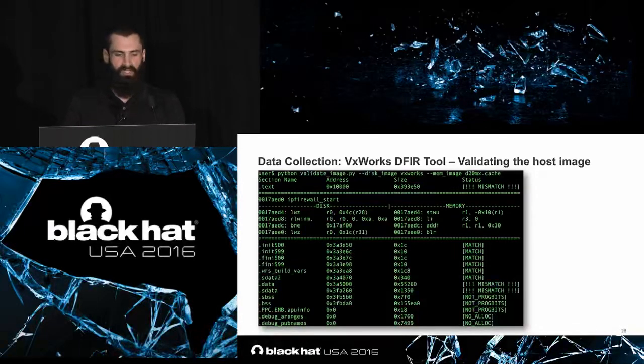As you can see, we've identified a routine that's been modified with a return 0 at the beginning of IP firewall start. You can see the other sections matched, data mismatched, but that's because of live running memory. We've got sections that aren't even loaded into memory and we don't care whether they match or not.